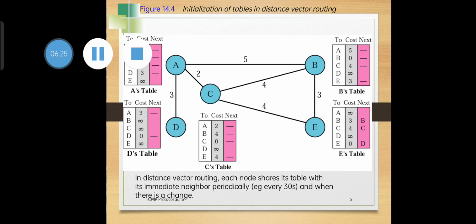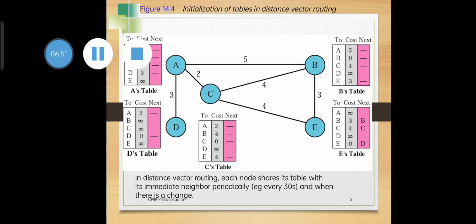So in this way, each and every node will maintain the table, and then they will disseminate the table to the neighbor nodes and update their table. There are two ways each node will pass this information to its neighbors: on a periodic update, or when there is an emergency situation.